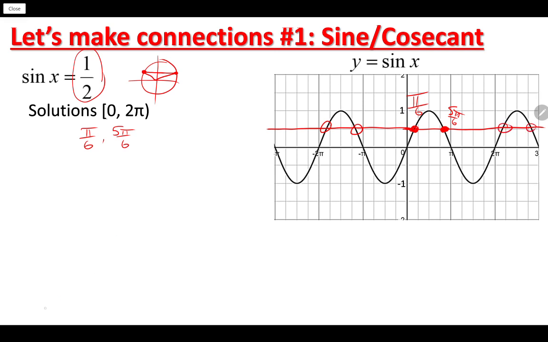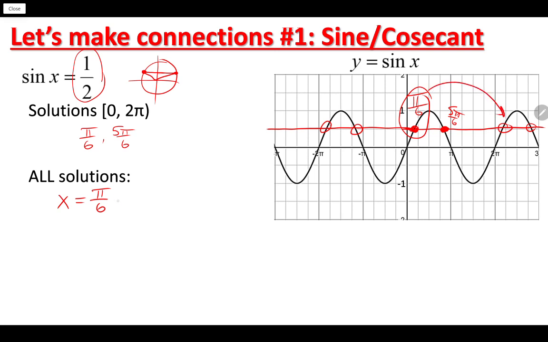So the question is, how do we name all solutions? Well, we think about how far it would take to get to the next solution. We're not going to physically name every single one, but we're going to show an equation that represents every single solution. That first solution I named is pi over 6. And then I want to think, how far do I go to get to the next solution that corresponds with pi over 6?